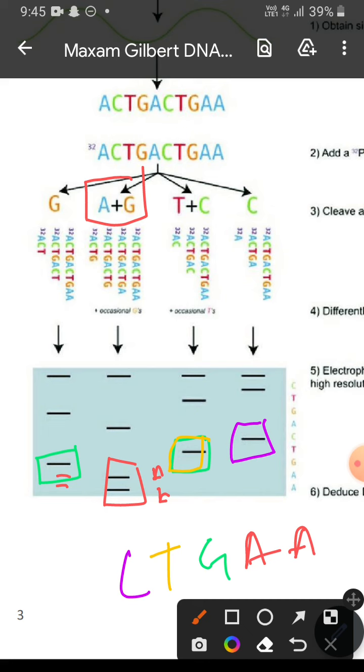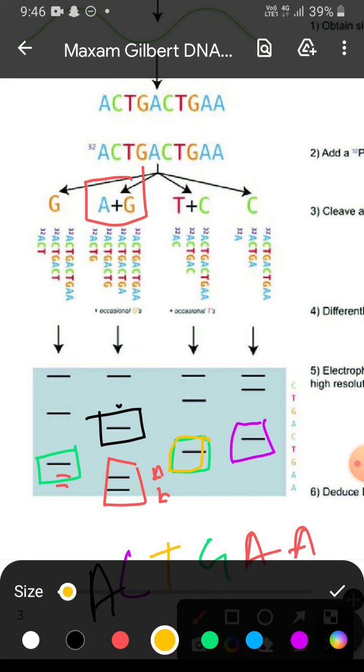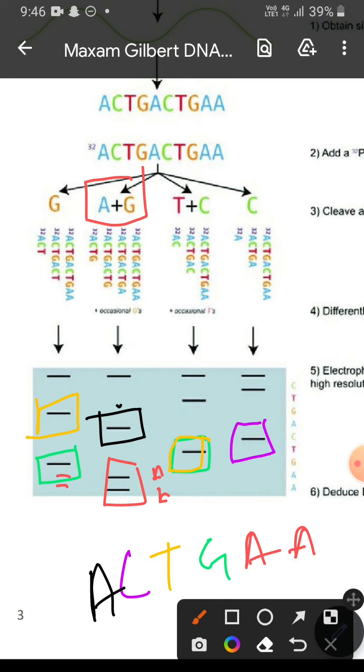Again let's come here. This black band is present in A plus G but not in C, not in G. So our interpretation is that it is A. Again let me take another color. There is a band in G but not in A plus G, so our consideration is that it is G. Yes or no?